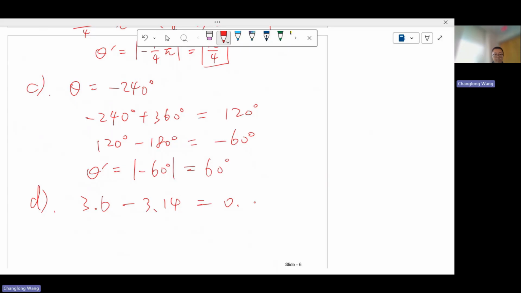You get 0.46 in radians. So now, do we stop or keep on going? 0.46 radians is less than pi over 2, so you're good. That is a reference angle, positive acute.